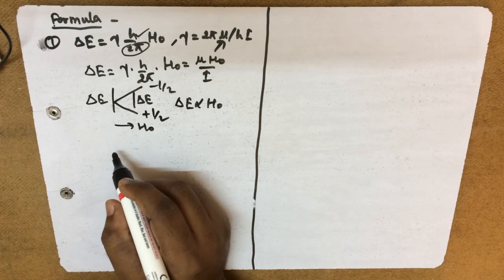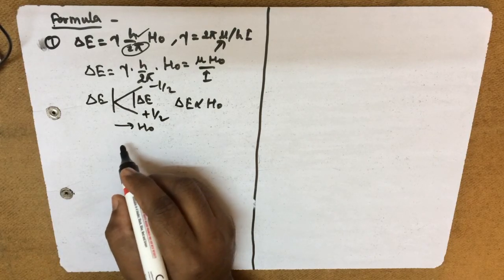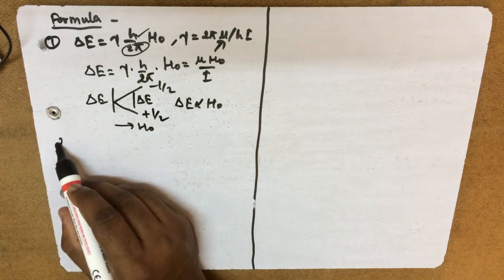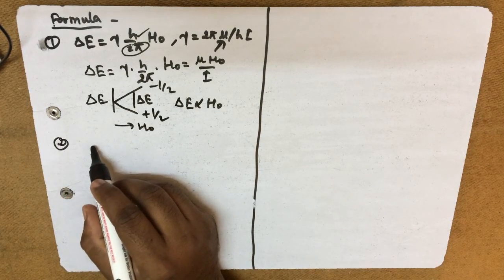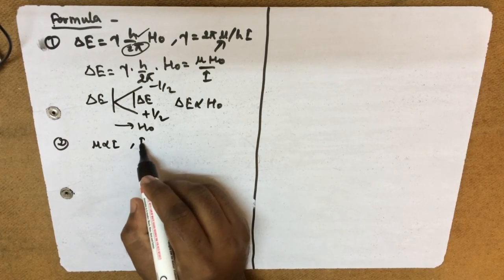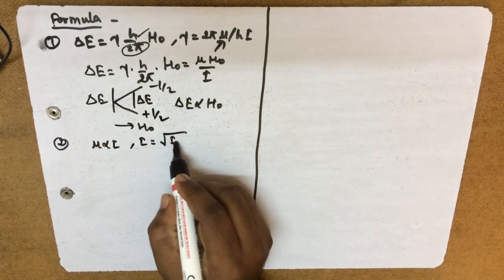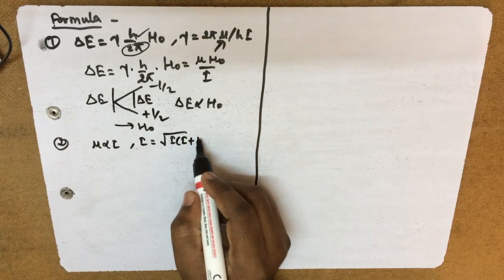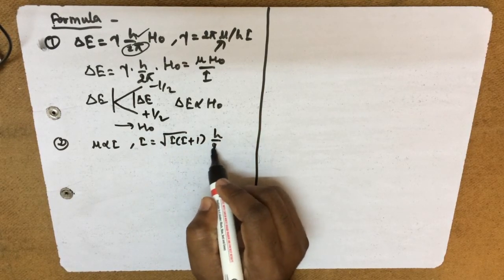If we write the formula for the magnetic dipole moment, the second formula is mu proportional to I, where I is equal to root of I into (I plus 1) into h upon 2 pi.